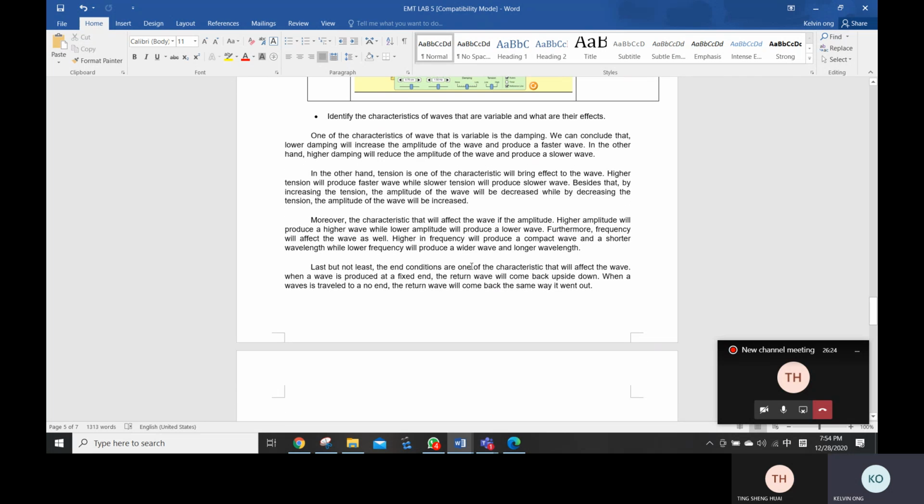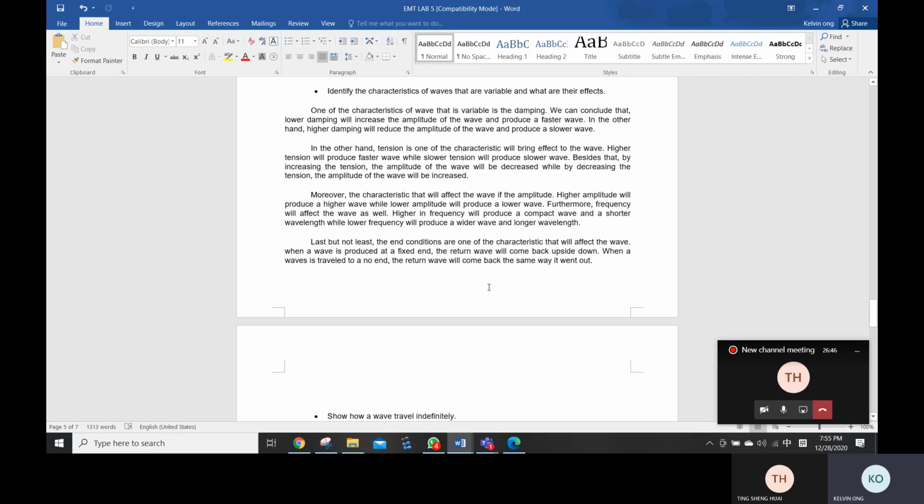Besides that, by increasing the tension, the amplitude of the wave will decrease, while by decreasing the tension, the amplitude will increase.